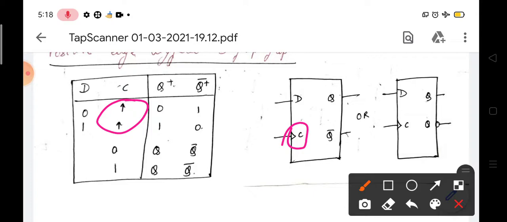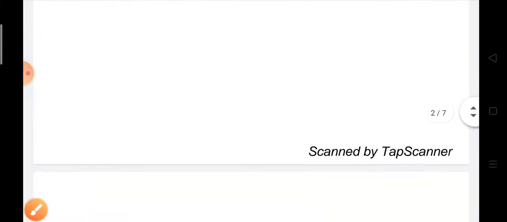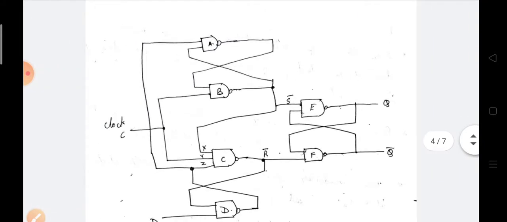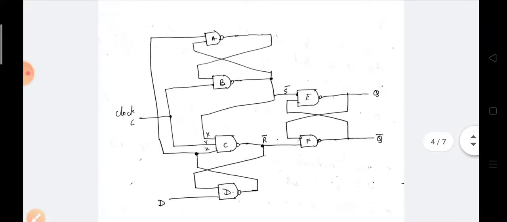Now if I want to represent the gate diagram of the positive edge D flip flop using the universal NAND gate, it can be represented like this. So this is the gate diagram of a positive edge triggered D flip flop.